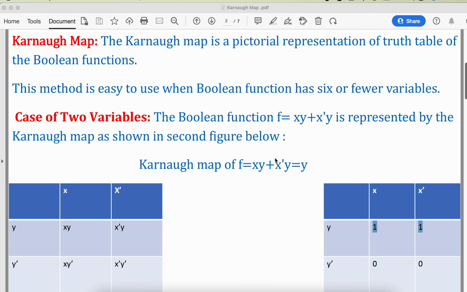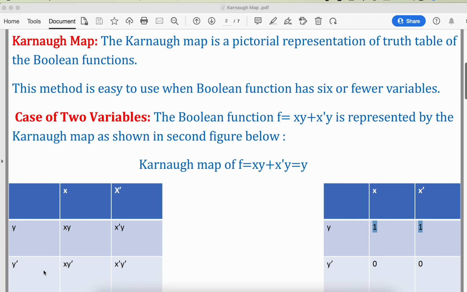So first of all, we will discuss the case of two variables. Suppose we are given a Boolean function f equal to xy plus x dash y, and first of all we make a table. On the top border row, we represent x and its complement, and in the left border row we represent y and y dash.